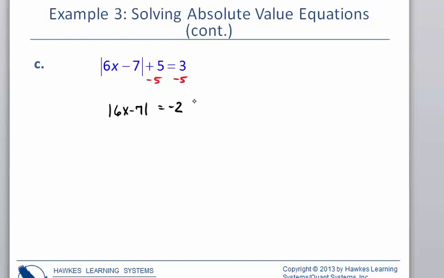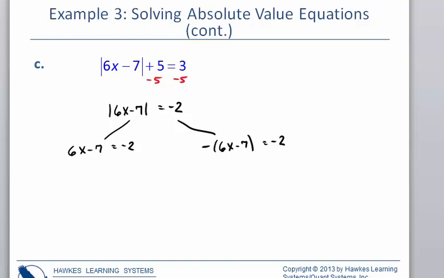Now remember that we have two possibilities for what's in the absolute value. So either it is positive, and we have 6x minus 7 is equal to negative 2, or we have it as a negative. 6x minus 7 is equal to negative 2. And so we'll work both of these problems out.